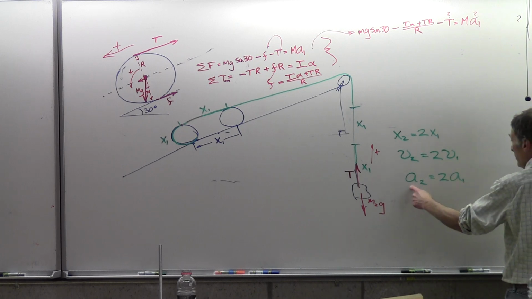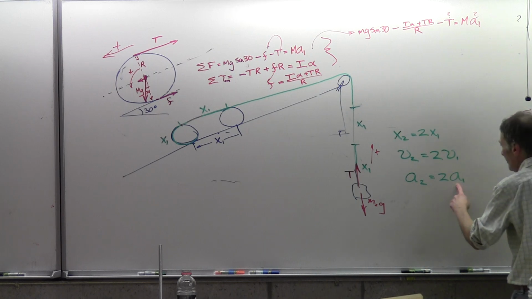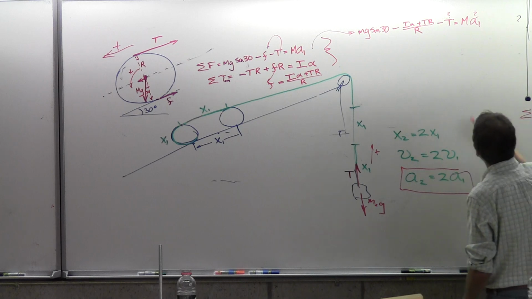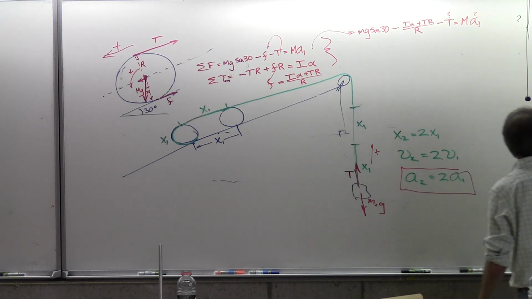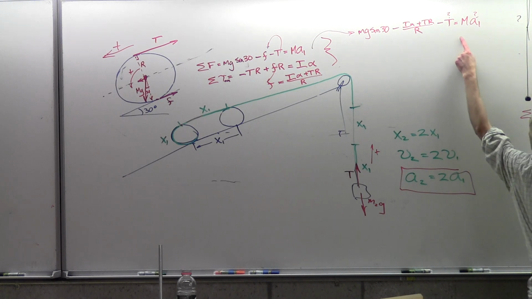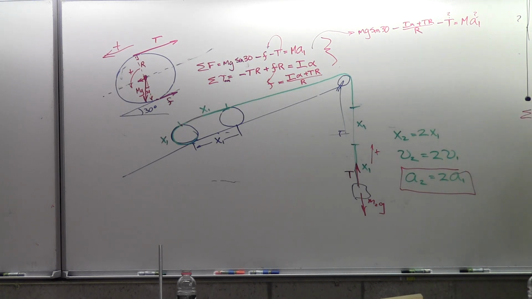Oh, now we want to be careful with this. This is going to be A2. But we have this relationship that these A's are different. This is A1, this is A2. So I probably want to change this. My two unknowns here are the tension and the acceleration, and I'd like to solve this one for tension.